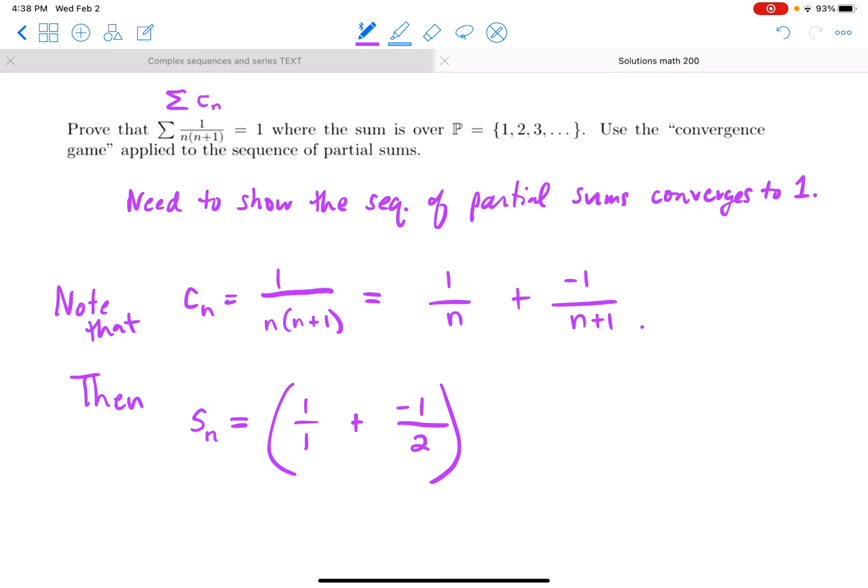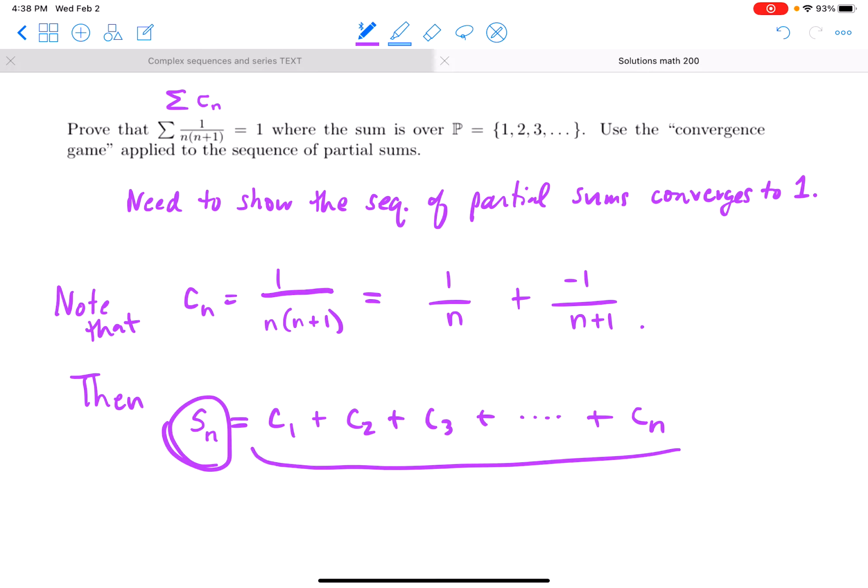That is C1. Okay, let me just do this a little bit easier for you to follow. C1 plus C2 plus C3 plus dot dot dot up to plus Cn. This is the nth partial sum. It means we add up the first n terms from this infinite sum.